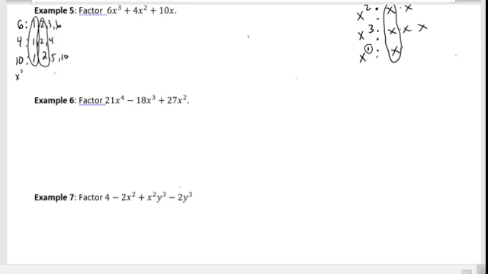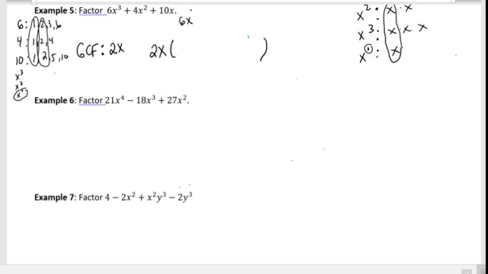And then we also have variables x cubed, x squared, and x. So x is going to be your greatest common factor for the variables. Together, our greatest common factor is going to be the number 2 and the variable x.